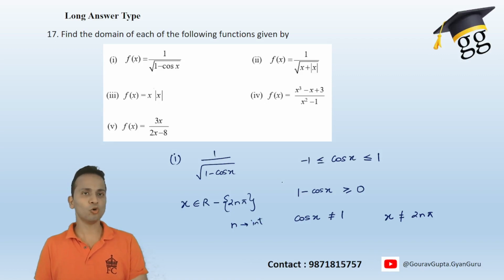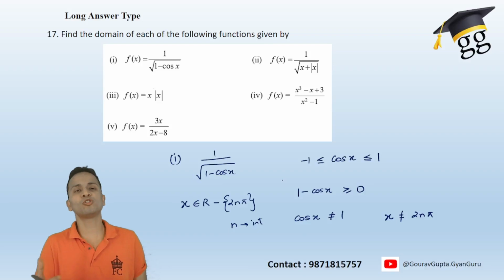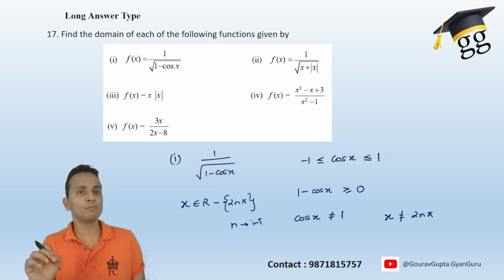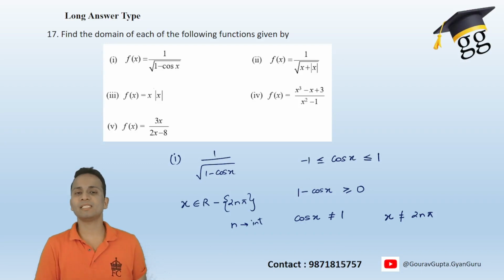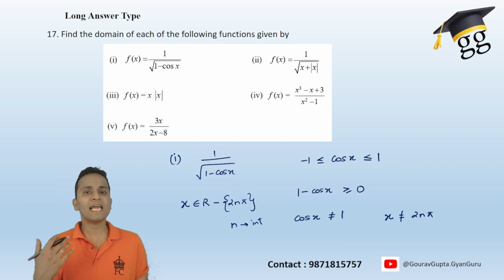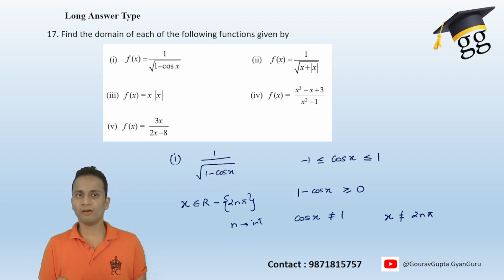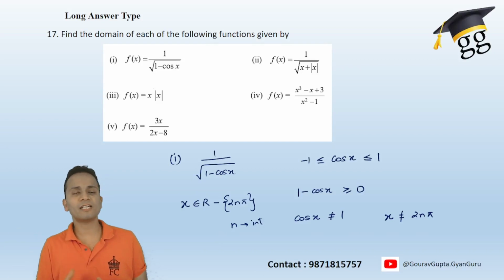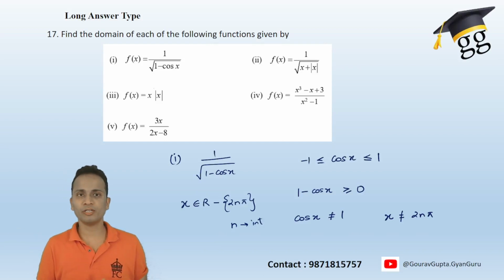All right, so the domain of this function will be x belongs to all real numbers except all the numbers which are of the form 2n pi where n is an integer. Why have we removed 2n pi? Because at x equal to any multiple of 2 pi, like 0 degrees, 360 degrees, 720 degrees and so on, the value of cos x will be equal to 1.